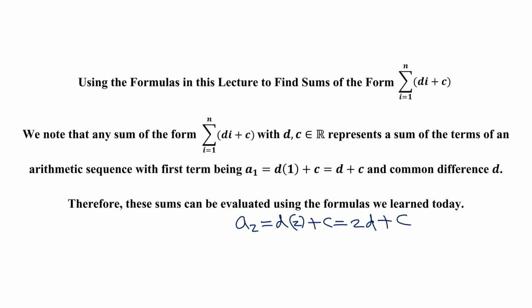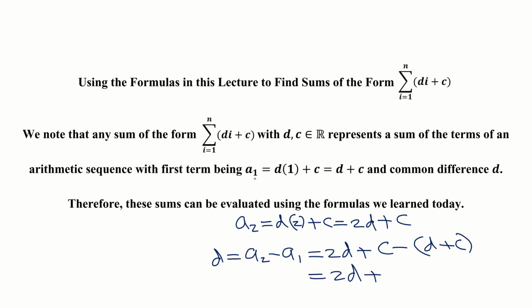And if this is a2 and that's a1, you know that the common difference is going to be a2 minus a1, which is going to be 2d plus c minus quantity d plus c, right? So it's going to be 2d plus c minus d minus c, which is, notice the c's cancel out, so you just get d, because 2d minus d is d.